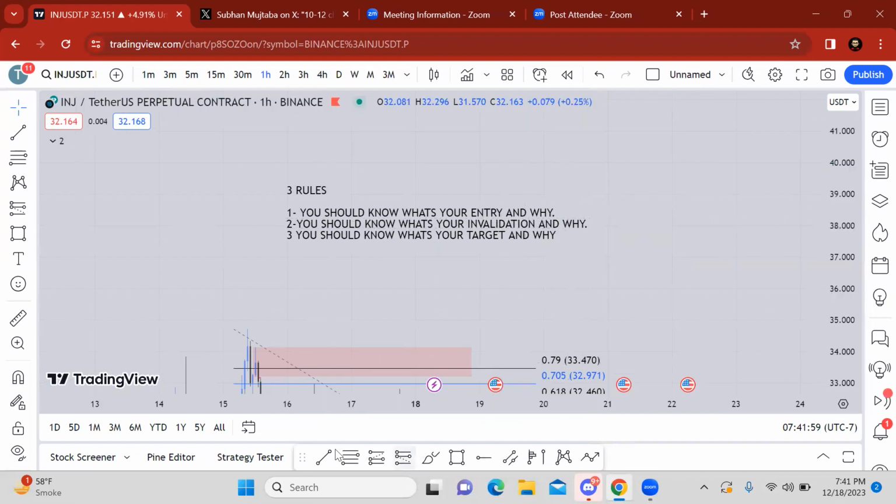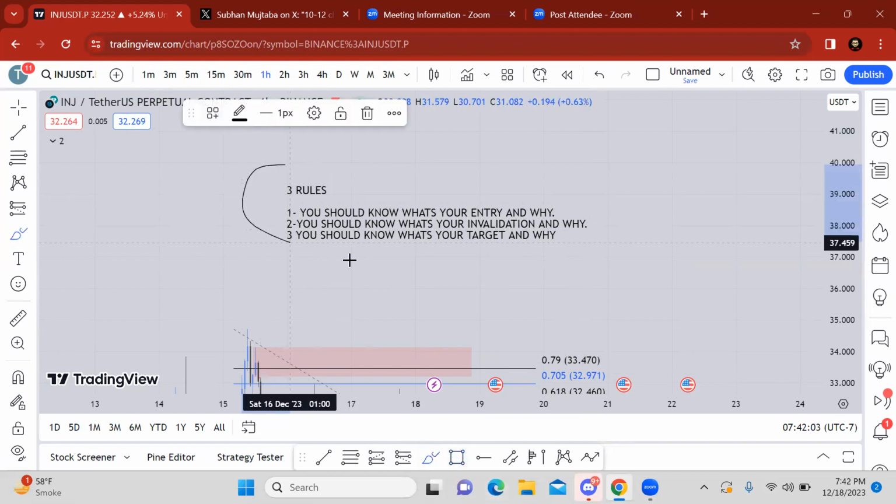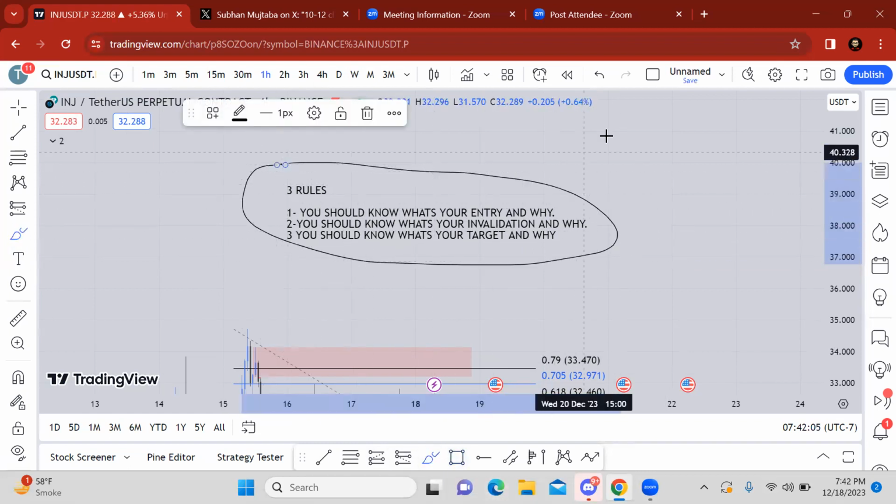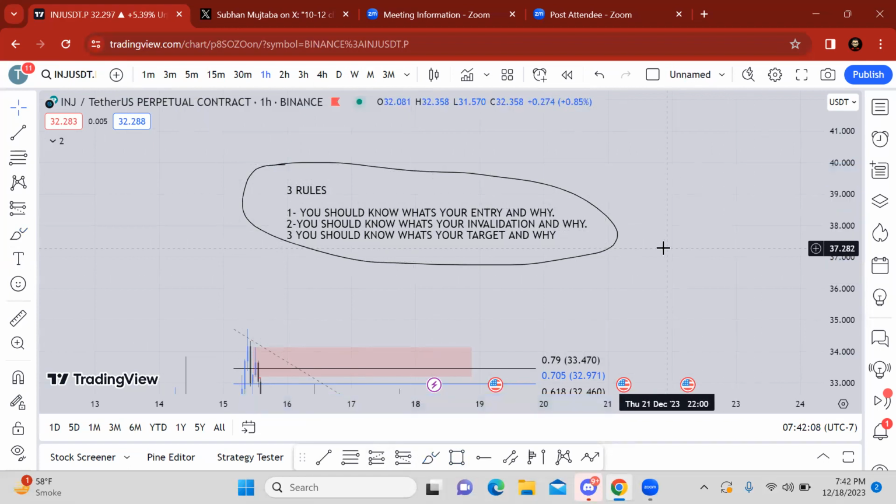You have a reason. You should have these three. If you are working on these three rules with tight risk management, at the end of the month you will be in profit. All the time, you will be in profit. Your win rate might be 30%. It doesn't matter. It is 40%, 30%, doesn't matter.